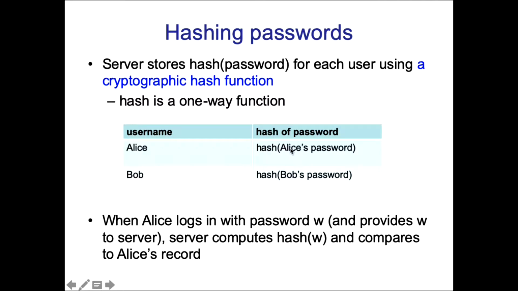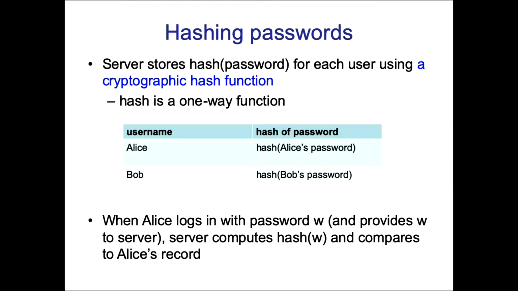So then it can grant Alice access. And ideally, if Alice chose a random password, then you can't reverse the hash. It's one way, so if an attacker stole this database of hashes, they won't be able to tell what Alice's password is.